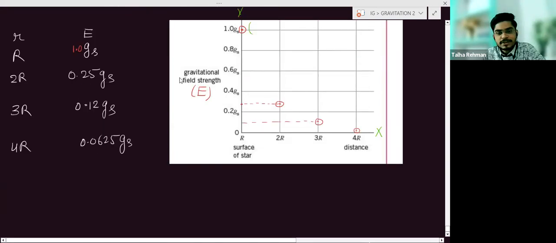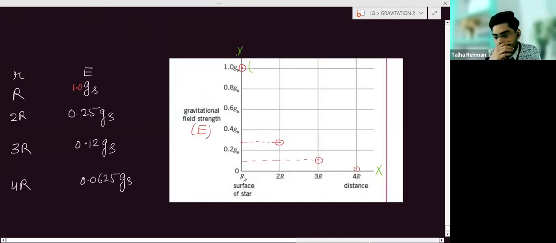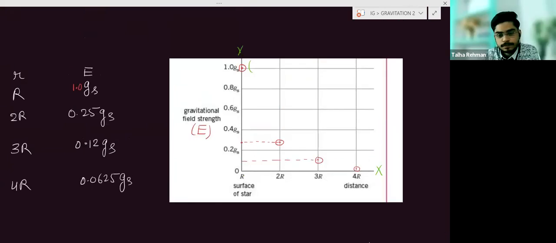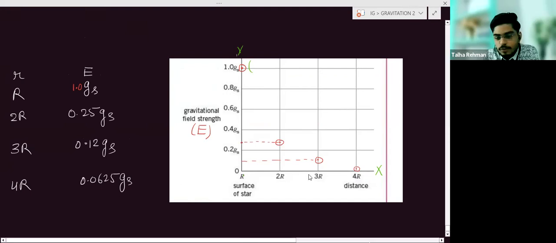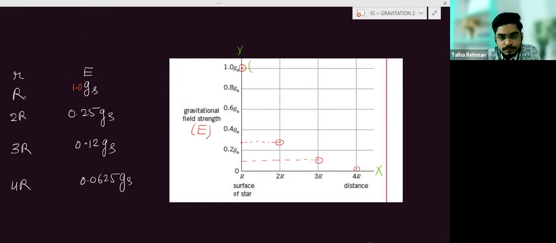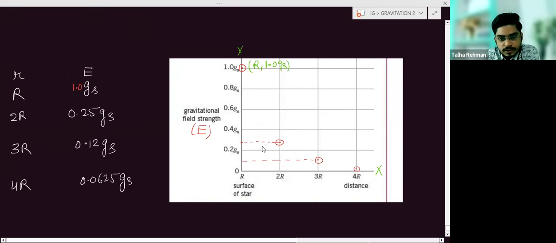On your y-axis, there is the gravitational field. On your x-axis, there is the distance. This point will be x comma y. We represent the point with x. X is r. And what is y? Y is 1.0 of gs.